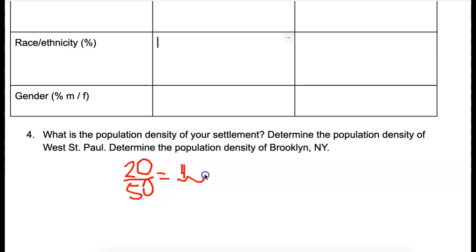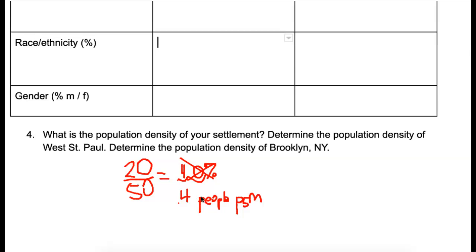Or what that means is 20 divided by 50 is 40%. I did that wrong. We're not finding percents. We're finding people. Ignore the percent for population density. Leave it at 0.4. What this means is you have 0.4 people per square mile. So your population density is 0.4 people per square mile.